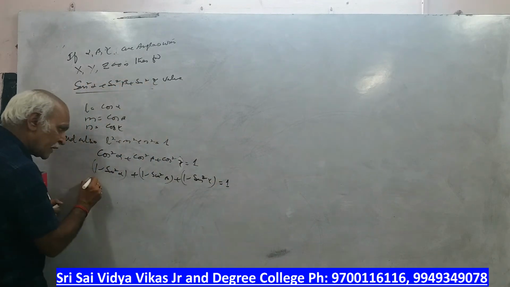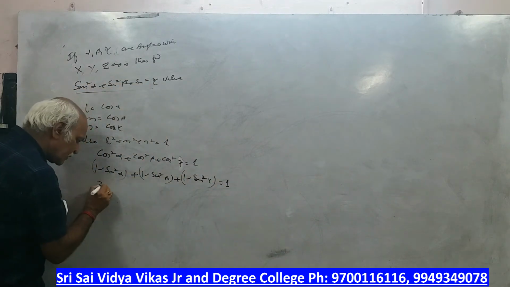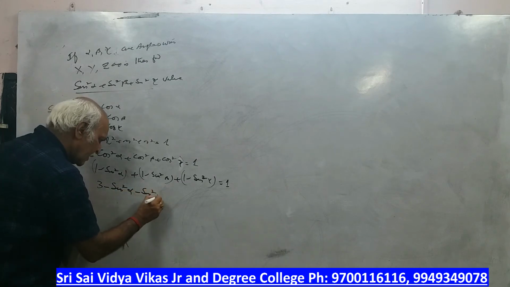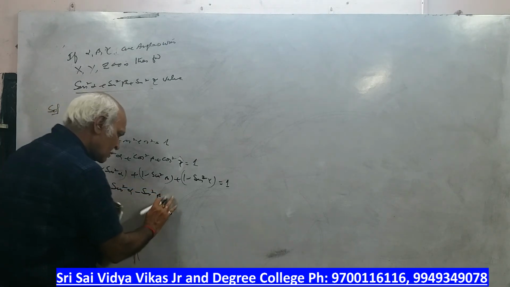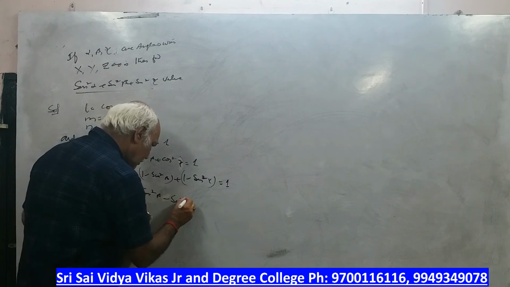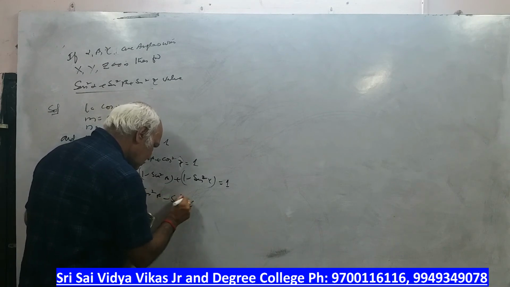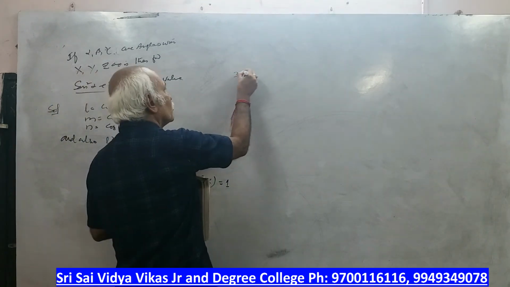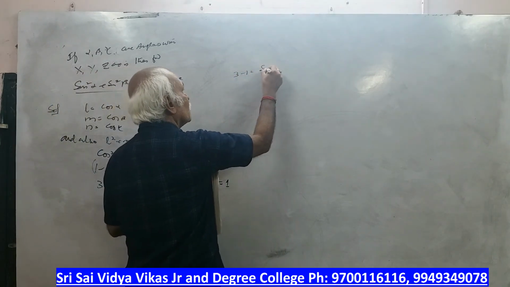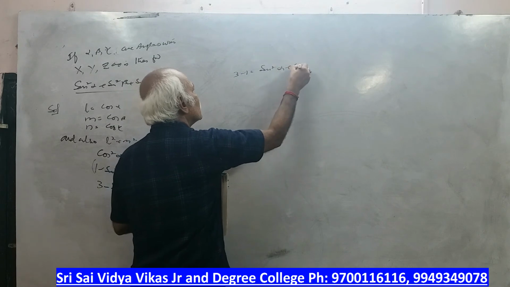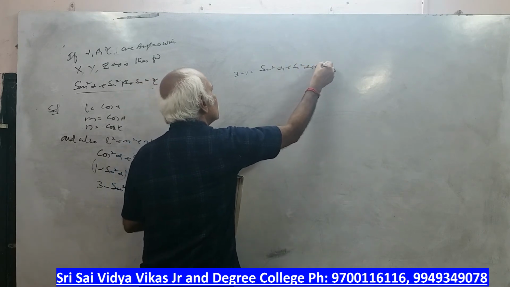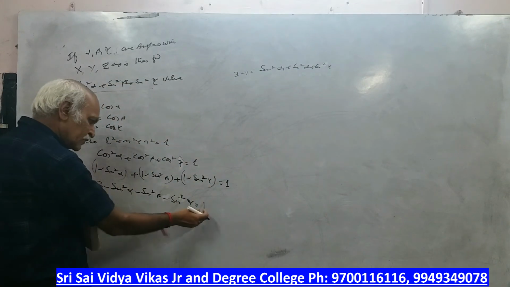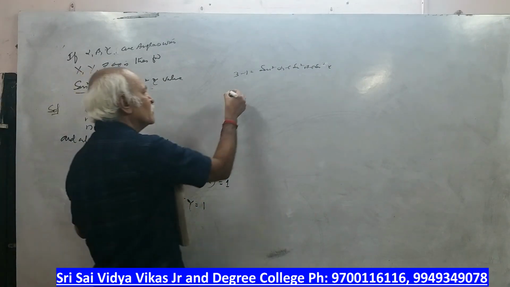So if you open the bracket, 1 plus 1 plus 1, 3 minus sin square alpha minus sin square beta minus sin square gamma is equal to 1. Bring all this minus terms to this side. So 3 minus 1 is equal to sin square alpha plus sin square beta plus sin square gamma. So I am bringing all the terms this side, 1 this side. So 3 minus 1 is what, sir? 2.